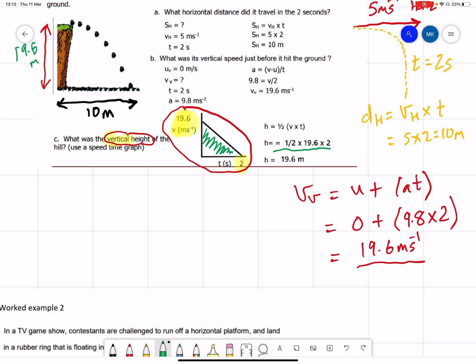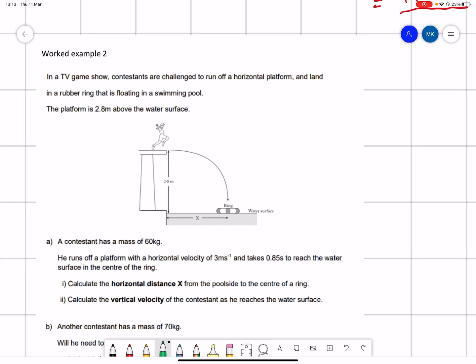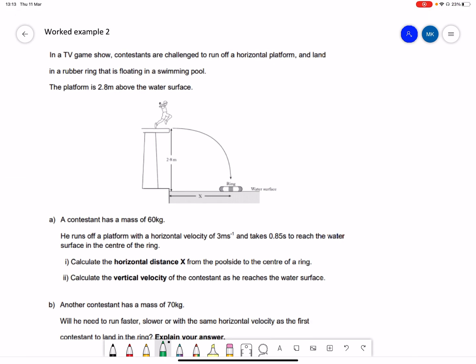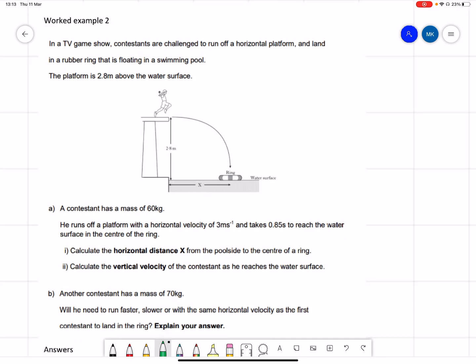Okay, hopefully you're okay. Let's do another example, make sure we're consolidating our learning good enough. This time it gives us the height. On a TV game show, contestants are challenged to run off a horizontal platform and land in the rubber ring floating in the swimming pool. It's 2.8 meters high. The contestant has a mass of 60.